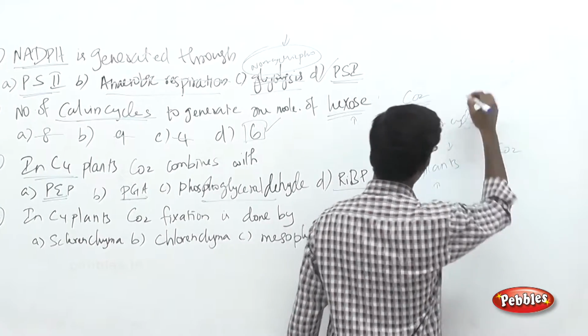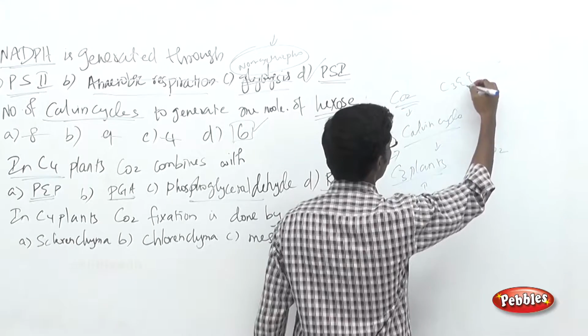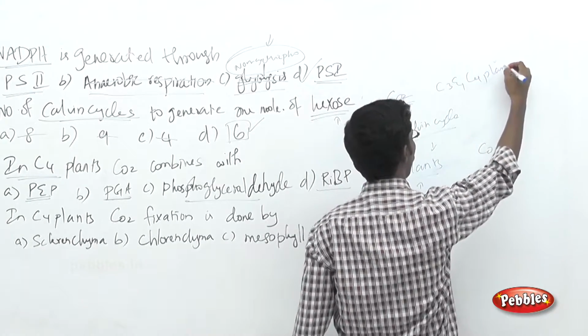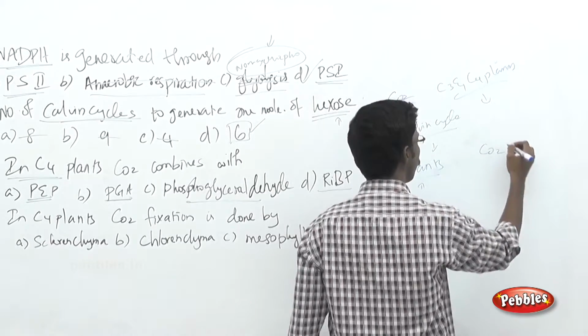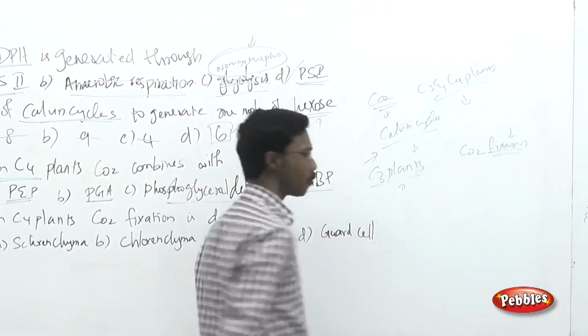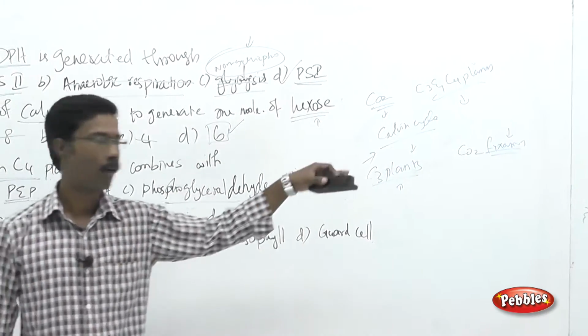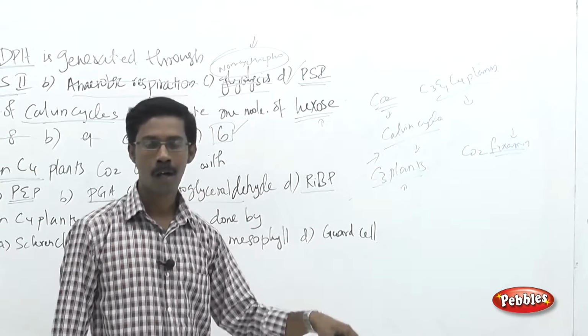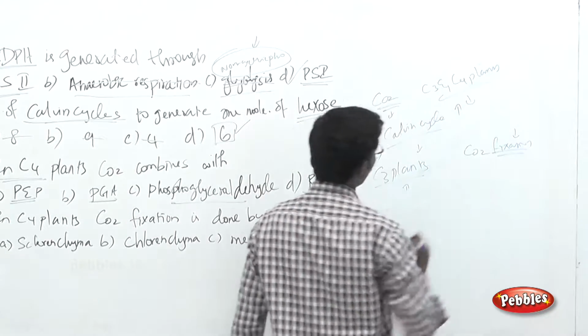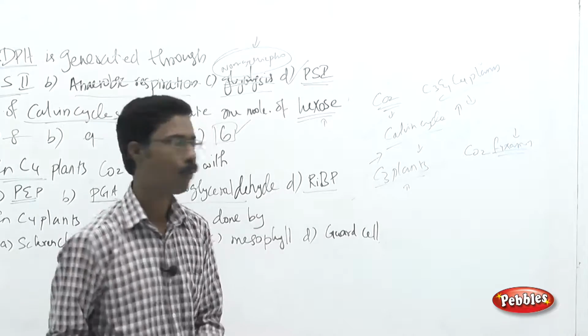So what happens in both the C3 and the C4 plants? The carbon dioxide fixation is going to happen. They are going to fix the atmospheric, gaseous form of carbon dioxide into the organic form of sugar. Okay, this is what is going to happen in the C3 and C4 plants.